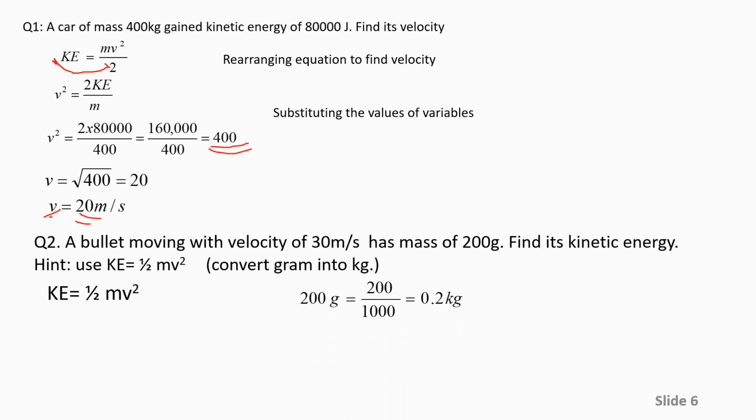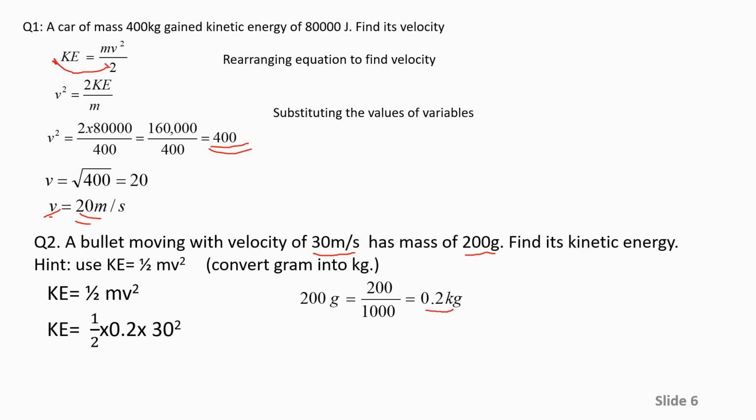Now here one quantity is given in an SI unit, meter per second, and the other is given in a smaller CGS unit. We cannot calculate with these two because velocity is given in the bigger unit, whereas mass is given in the smaller unit. First we have to convert the gram into kg, then only we can substitute in the formula.